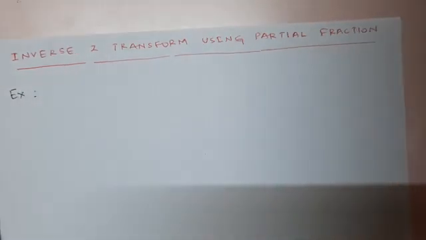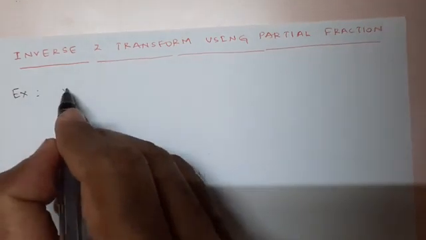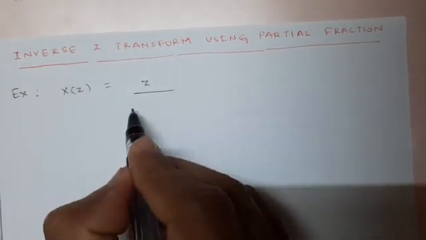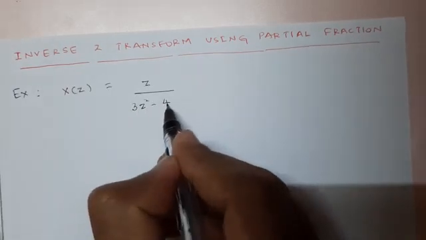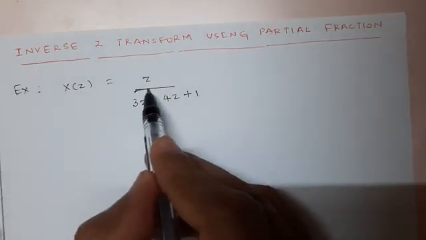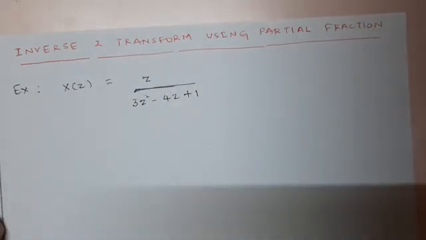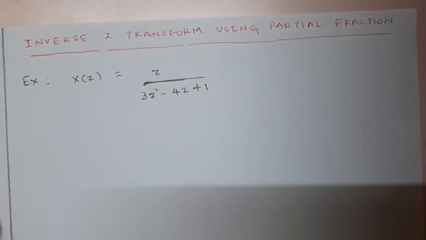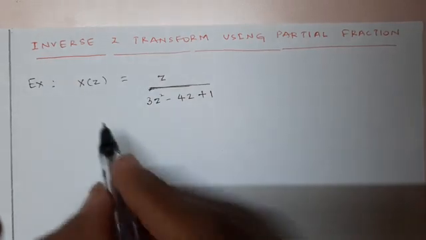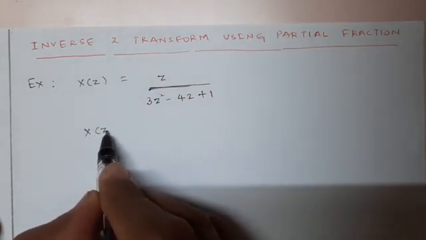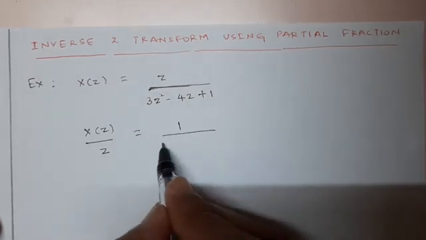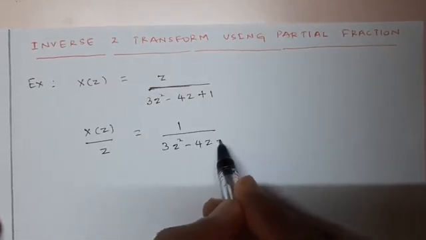Find the inverse Z transform of X of z, which is equal to z divided by 3z square minus 4z plus 1. When you are trying to find the inverse Z transform of this, always try to represent the given equation in terms of X of z by z, equal to 1 divided by 3z square minus 4z plus 1.